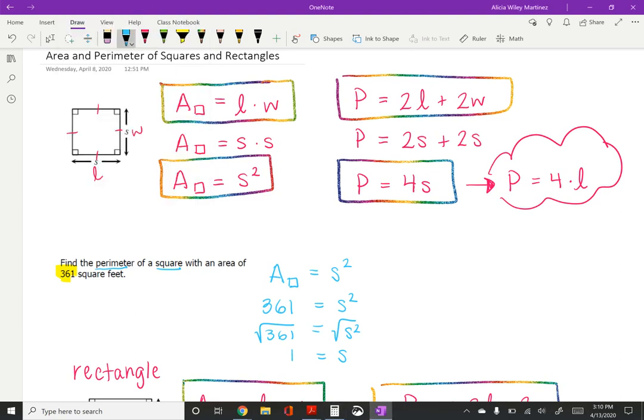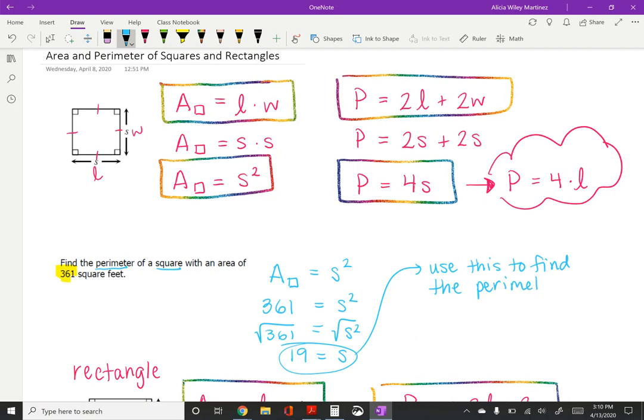Look at that. So you get a side length of 19. Now, why did we need to know the side length? This is not our answer. Why did we need to know that? We needed to know that so we can find the perimeter. We're going to use this to find the perimeter.